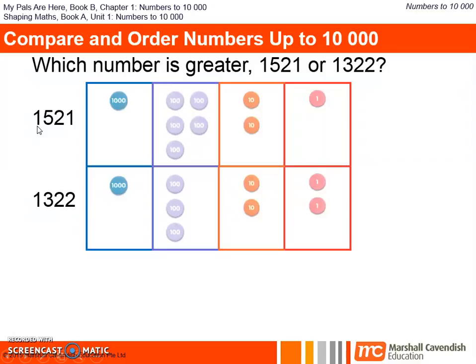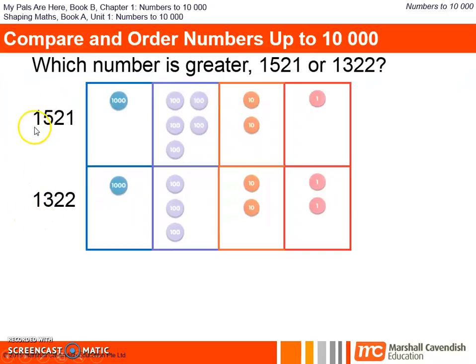The digit 1 is in the number 1521. And if you look at the number 1322 at the thousands place, you also have the digit 1. So both of them have the same digit at the thousands place. So obviously they are on equal par. So you can't compare that.